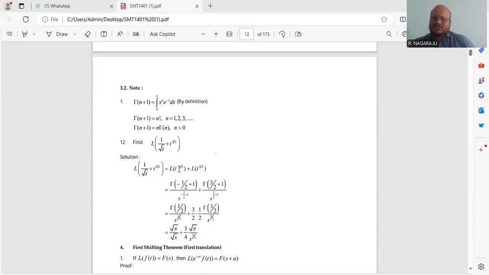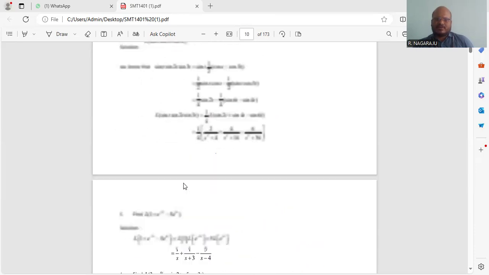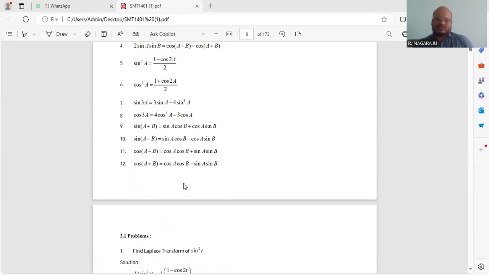So Laplace transformation is defined whenever you are getting a number, not for a fraction. So suppose here L of e power minus t power minus 1 by 2. So t power minus 1 by 2 formula is different whenever you are getting a fraction. So when you are getting a fraction, you have to take one more formula. Just now we discussed that one.